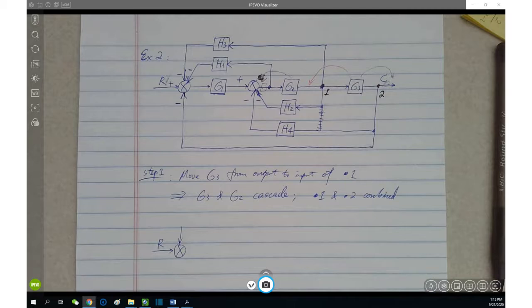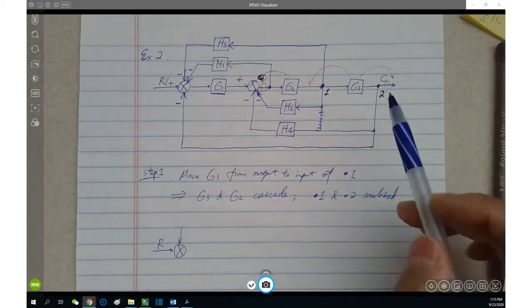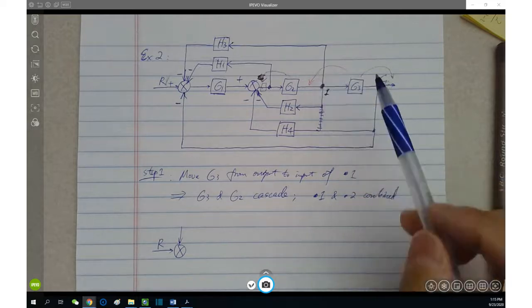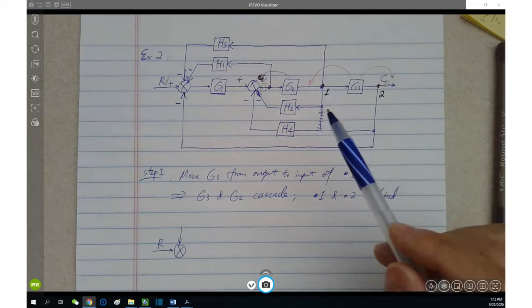H2 and H4. But be very careful. You need to do this step by step. Do you know what you need to be very careful about? You can't directly come up with H2 plus H4. Can anyone see why is that? After this moving, the red color moving, you can see H2 and H4 are paralleled.